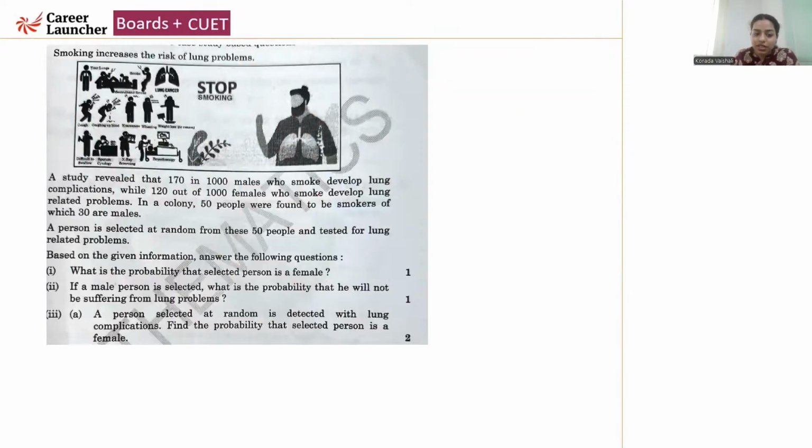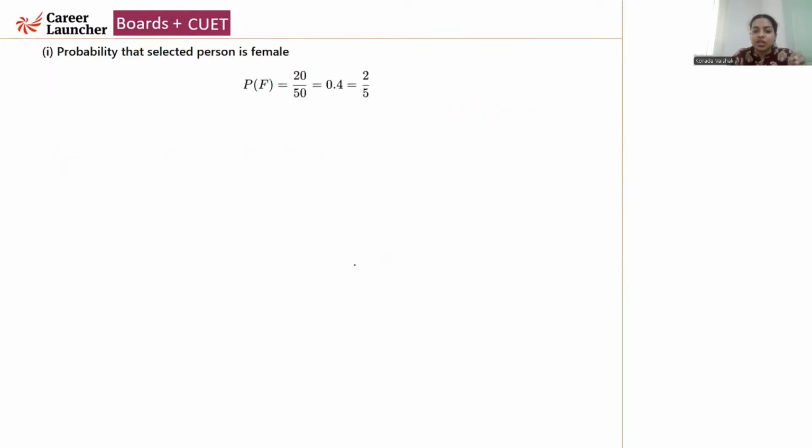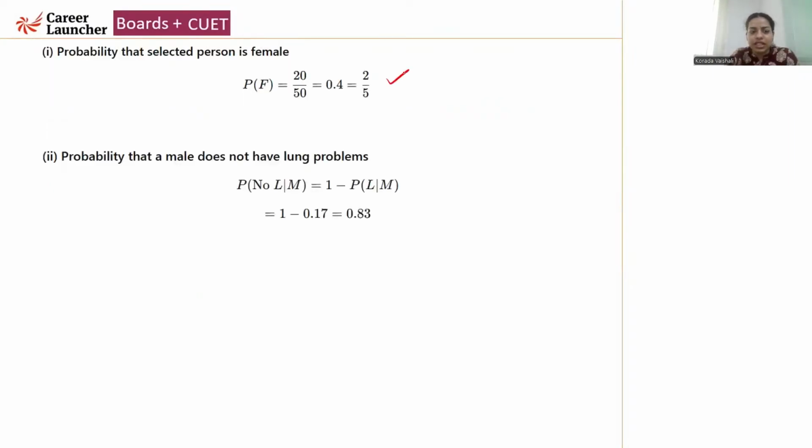Now question 1 says what is the probability that the selected person is a female. So यहाँ पे value आ जाएगी probability of a female. Then you have probability that a male does not have lung problem. तो इसमें क्या करेंगे हम? 1 minus probability की lung problem है given that it is a male. So it is going to be 0.83.